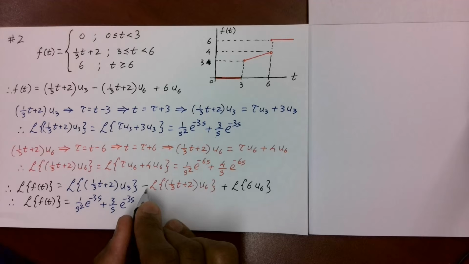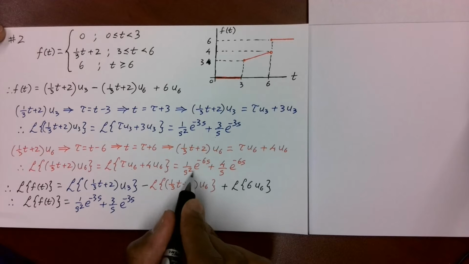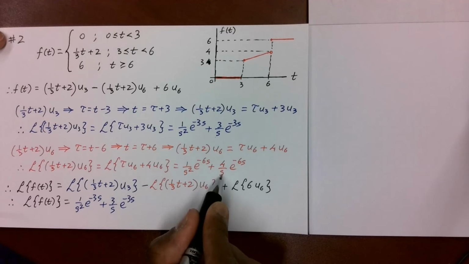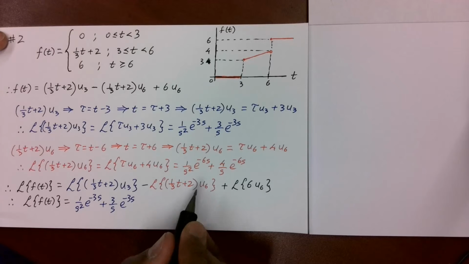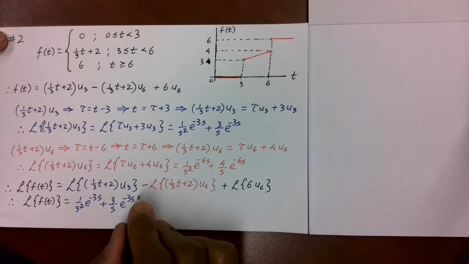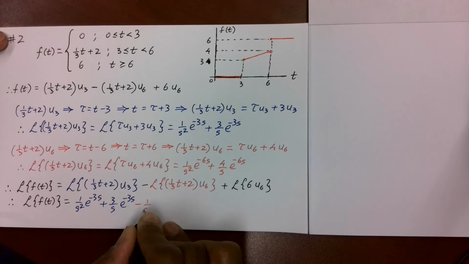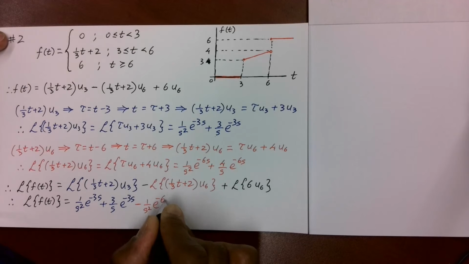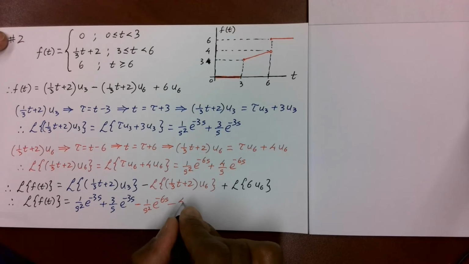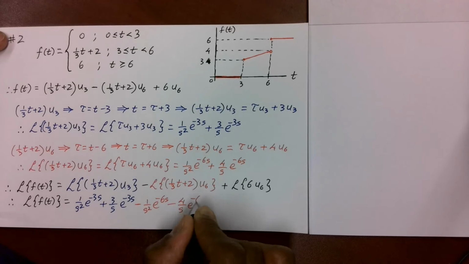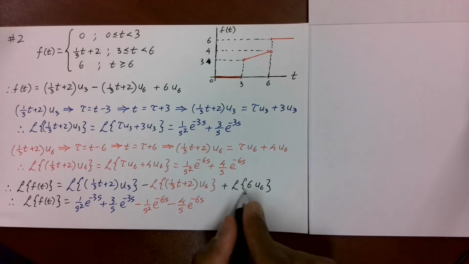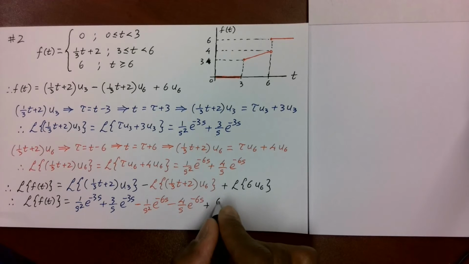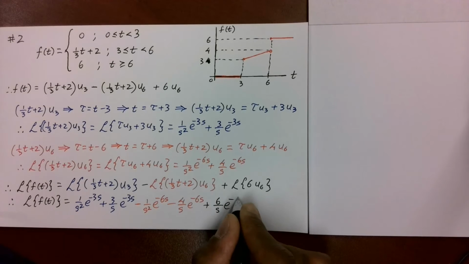However, remember that you are subtracting, so we have to subtract each term in the Laplace transform of (1/3 t + 2) u6. In other words, negate both the terms in that Laplace transform. So therefore, we will have minus 1 over s squared e to the negative 6s minus 4 over s e to the negative 6s. And finally, the Laplace transform of 6u6, which is 6 over s e to the negative 6s.